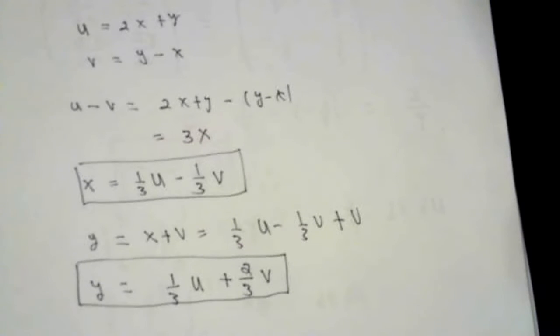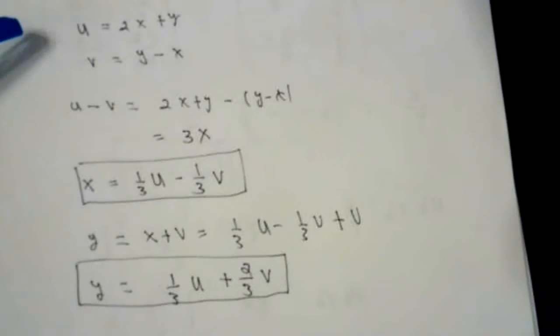For one thing, I'm integrating something that's expressed in terms of x and y. I have to express x and y in terms of u and v if I want to do the integral, but also we need to know that J factor. So we're going to need to know x and y as functions of u and v.